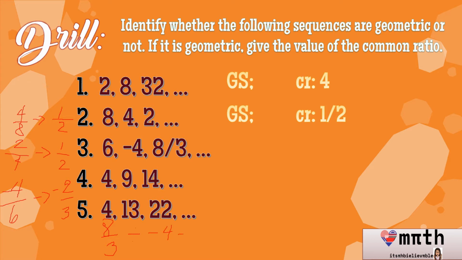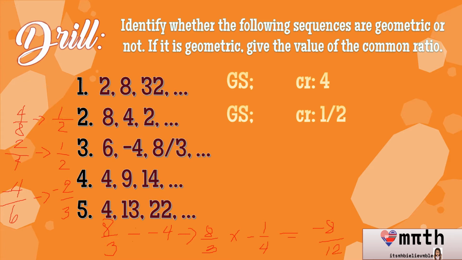That can be 8 over 3 times the reciprocal of negative 4, which is negative 1 over 4. Then 8 times negative 1, that will be negative 8. Then 3 times 4, that is 12.